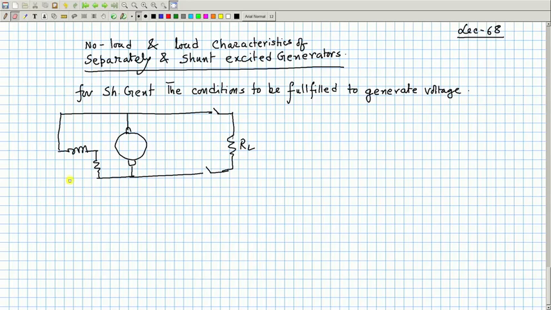So, first, point number 1: the generator must have some residual field present. Second, the armature and field windings should be connected in such a fashion that for a given direction of rotation, the field current must assist the residual field.